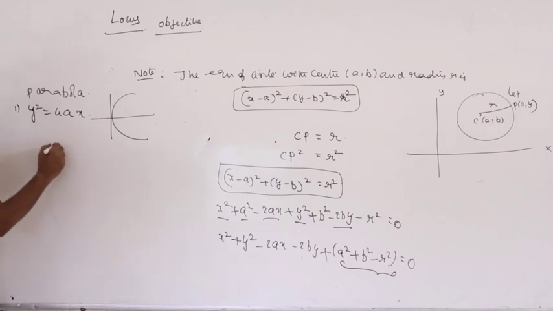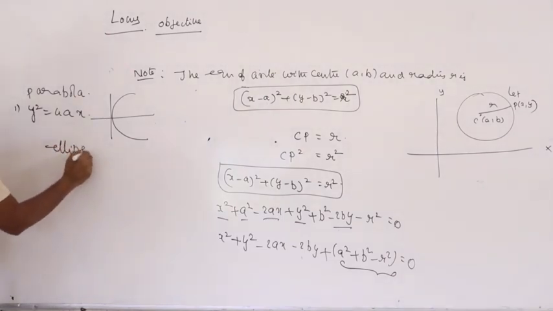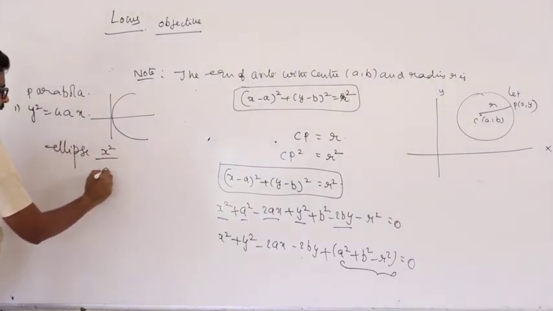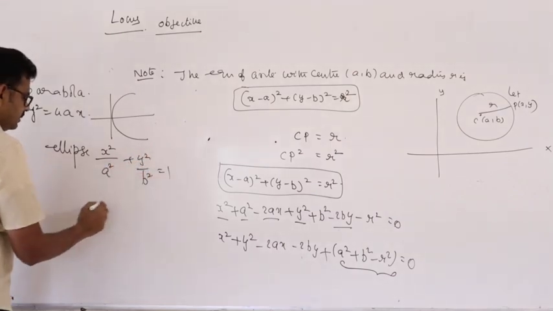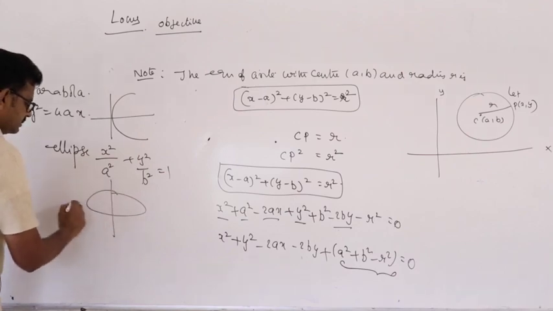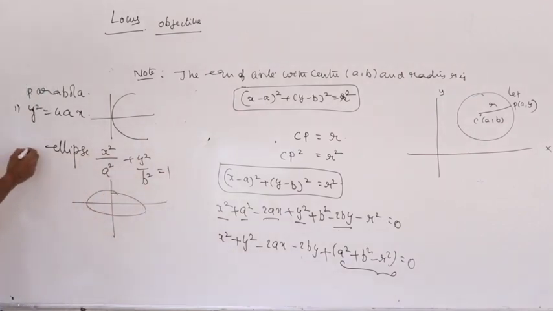Next one is ellipse. Ellipse is of the form x²/a² + y²/b² = 1. The shape is like this. This is ellipse.